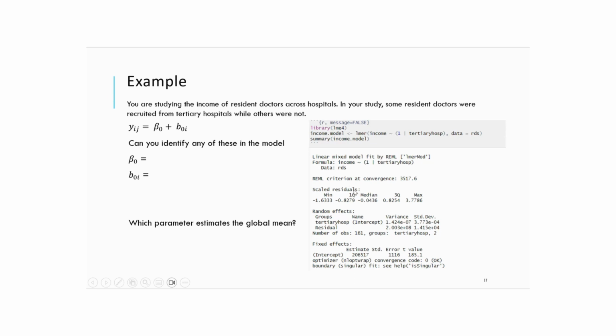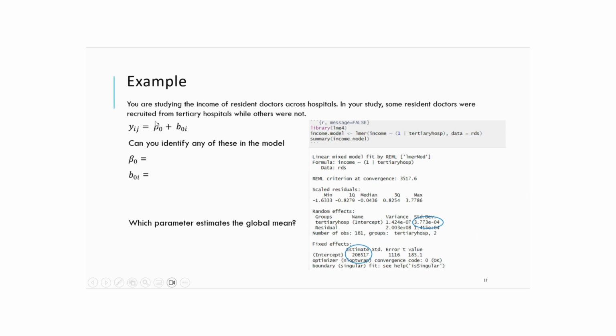And so let us look at an R model to try to identify this. We have some data and we're looking at resident doctors and their income. So let's find together, and the clue is that these things are circled, what beta naught and B naught i could be.